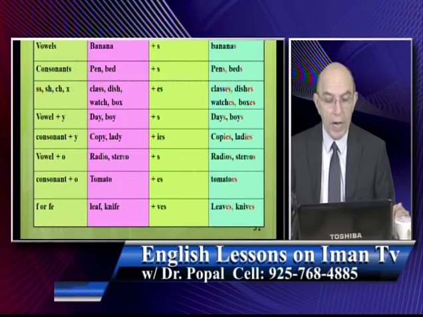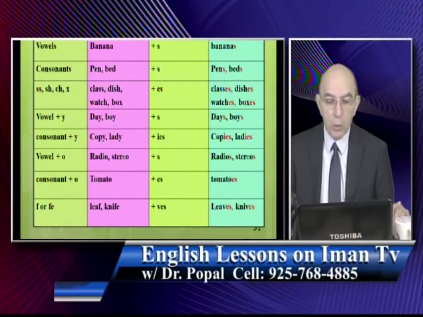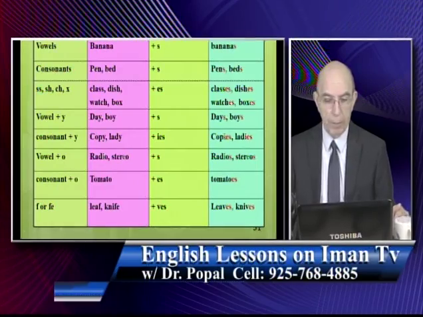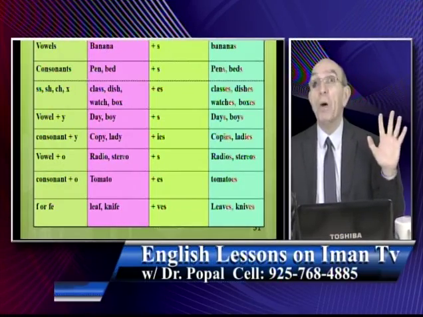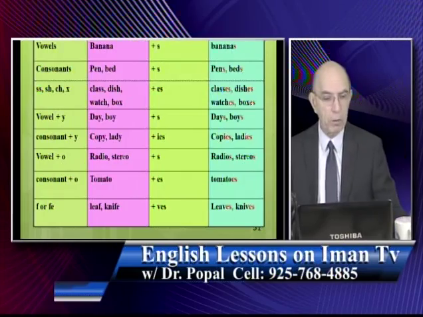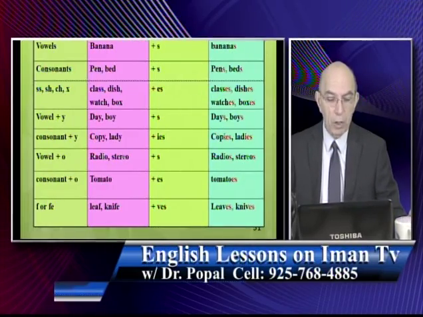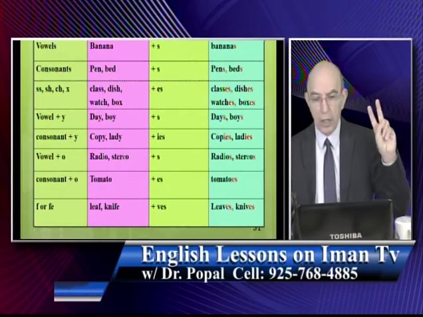Words that end with Y and before Y you have a vowel, you only add S. یعنی اسمایی که با Y ختم میشن و قبل از Y یک واول است. تنها 5 حرف واول است در انگلیسی: A, E, I, O, U. اگر قبل از Y یکی از این A, E, I, O, U باشه، شما تنها S اضافه میکنید. مثلا day، two days.